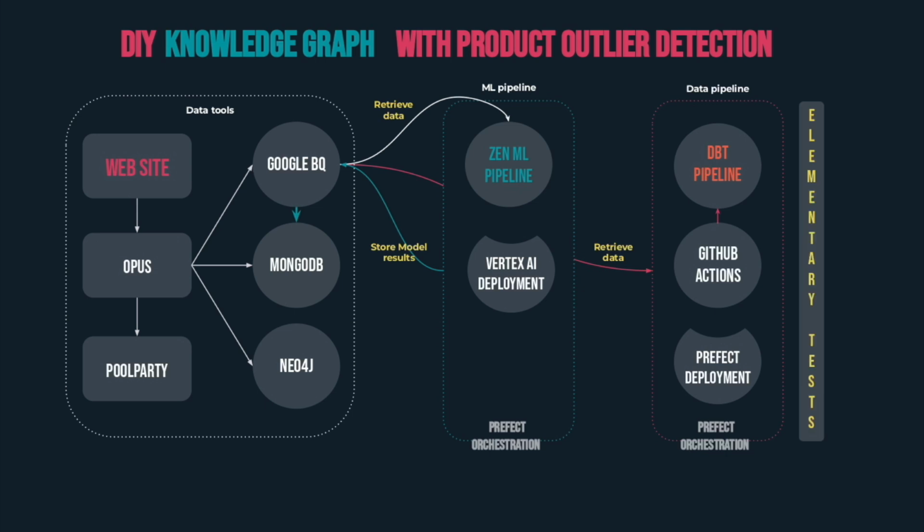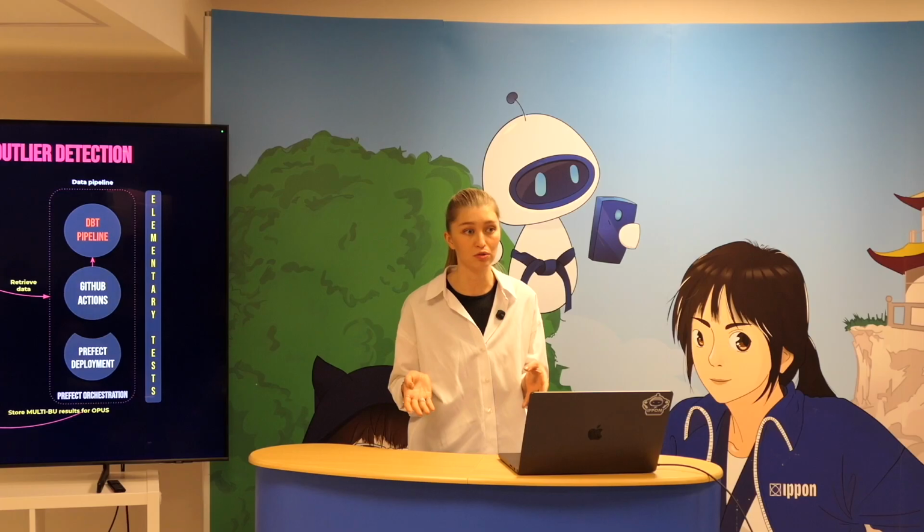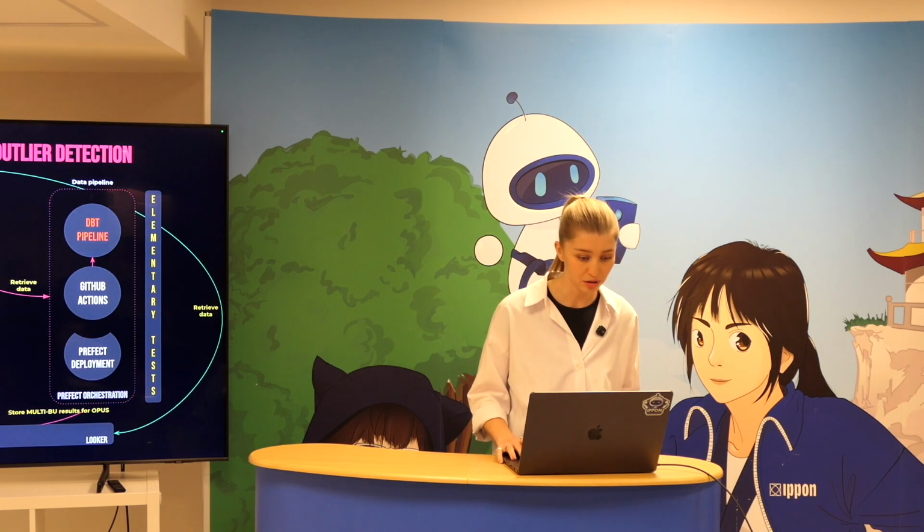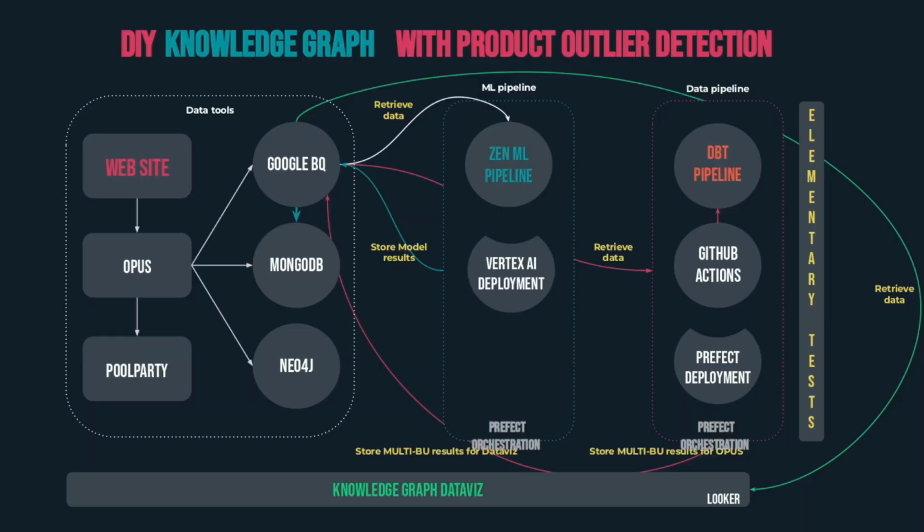And as a schedule, we have an Elementary test with Slack alerting for data pipeline problems. We store the multi-BU results for Opus in Google BigQuery, and multi-BU results for the dashboard, because we are preparing the whole data for our dashboarding with all calculations. And we retrieve this data for our dashboard part. So the schema now looks approximately like this, I hope.